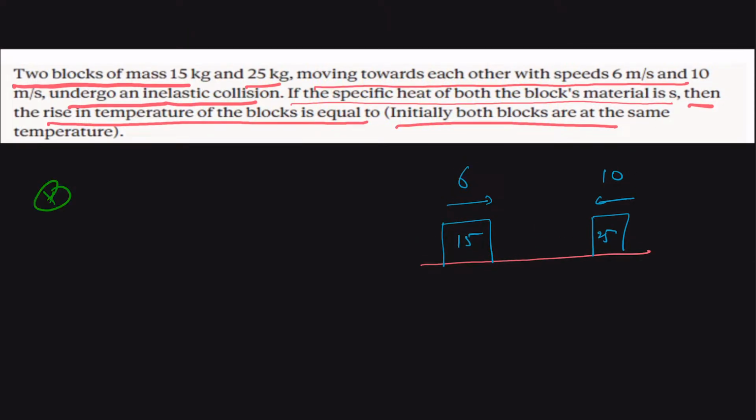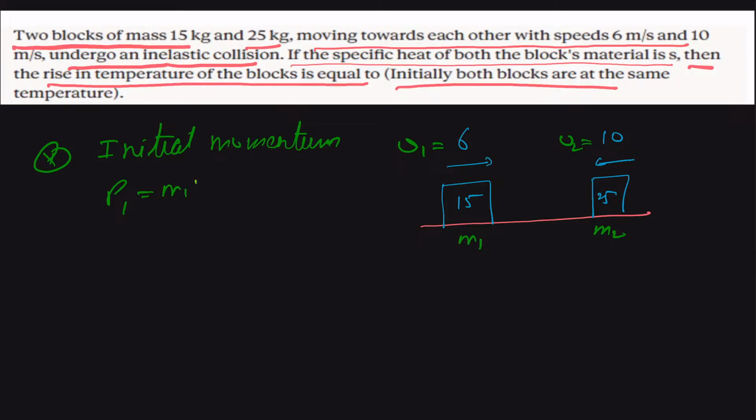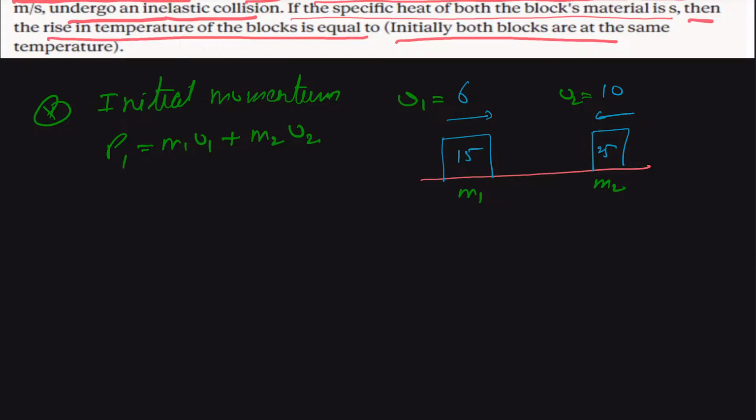We can say our initial momentum, which is P1, let us suppose with M1, M2, V1, V2, is M1 V1 plus M2 V2. P1 is equal to 15 times 6 plus 25 times minus 10, because the velocity is in the opposite direction.